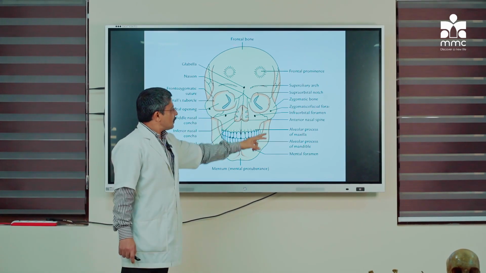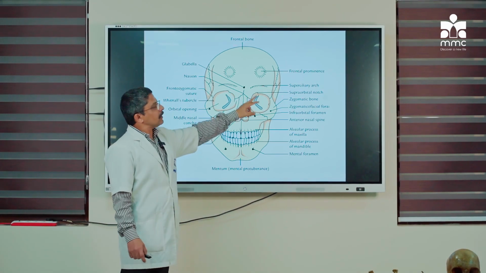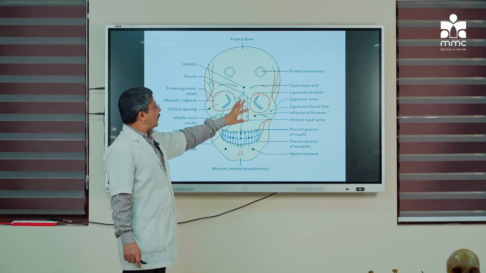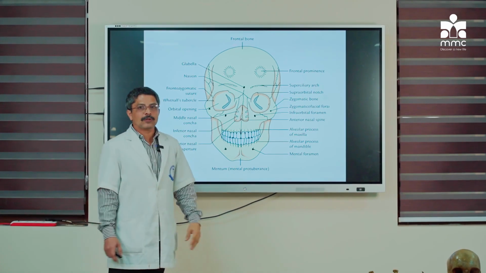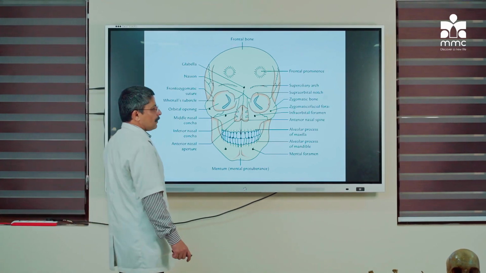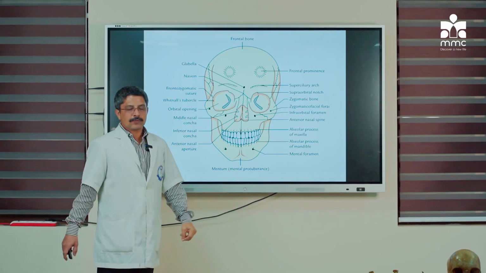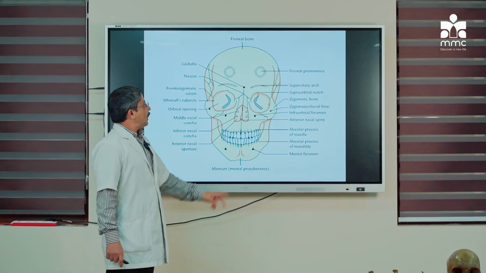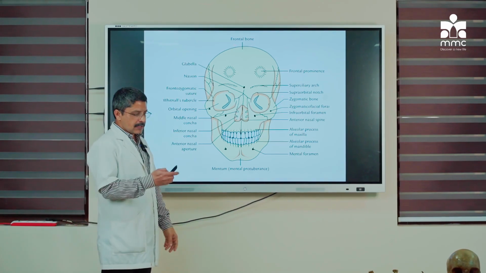So this set of bones which are protecting the nose, the contents of the orbit and the contents of the oral cavity are together called the splanchnocranium. So these are together 22 in number. Among them mandible and vomer are single bones, and the remaining bones are in pairs on the right as well as left side.